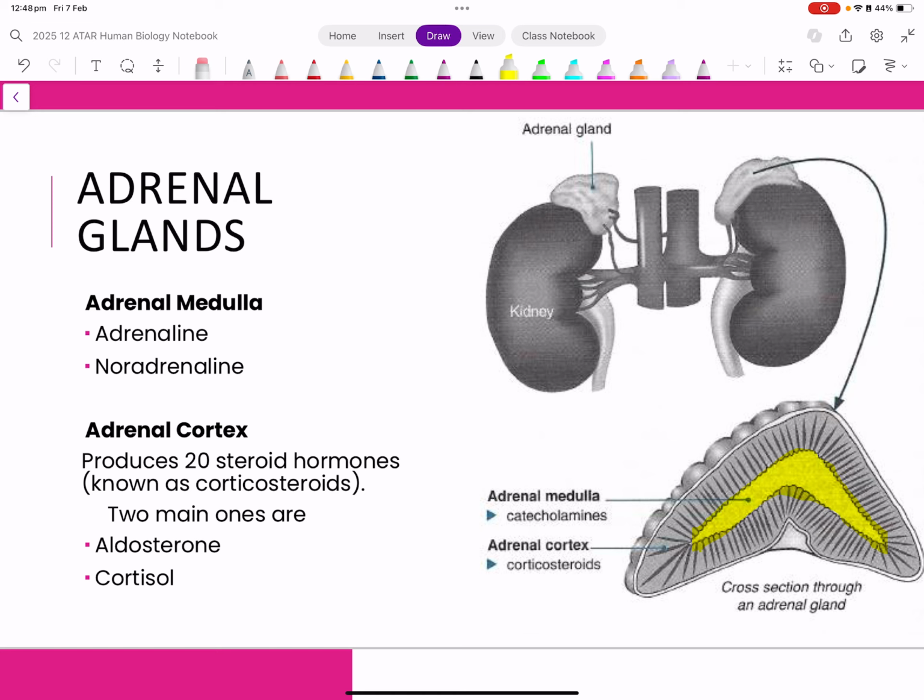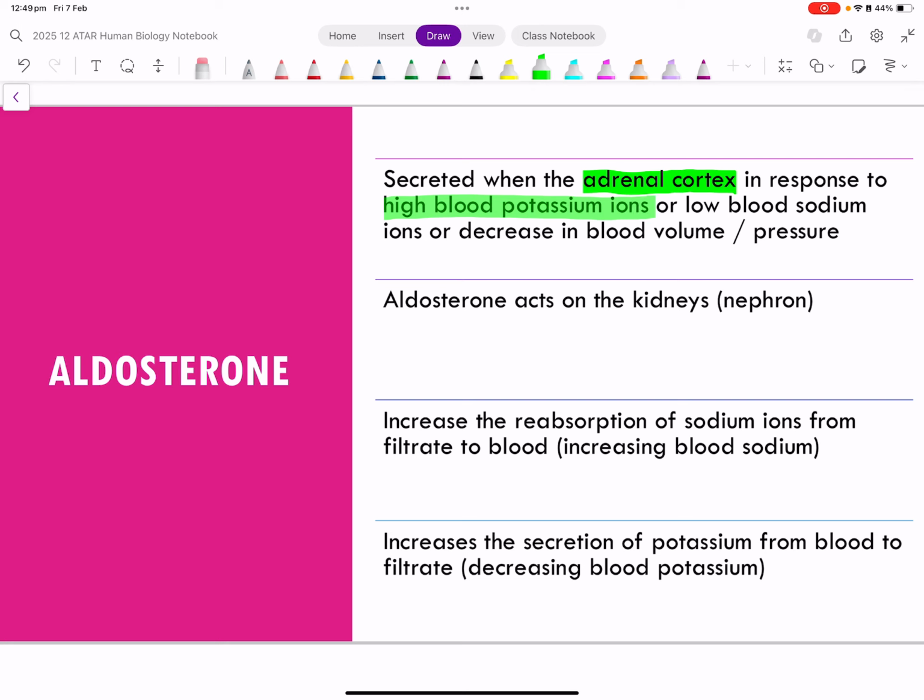So, aldosterone. We will talk about this a little bit later on in the year as well, but for now, our basic understanding of aldosterone is this. It is secreted by the adrenal cortex in response to high blood potassium ions, or inversely, low blood sodium ion levels.